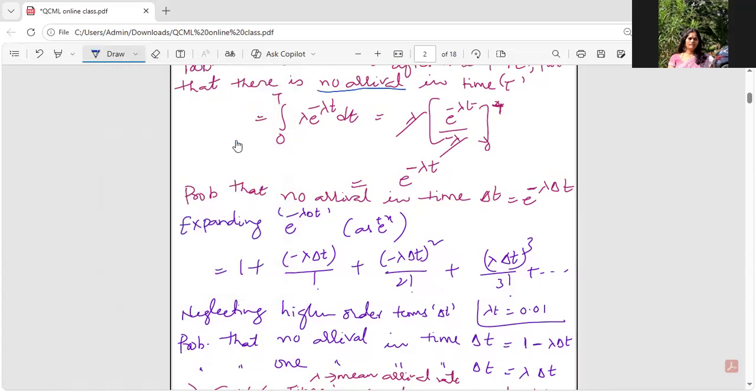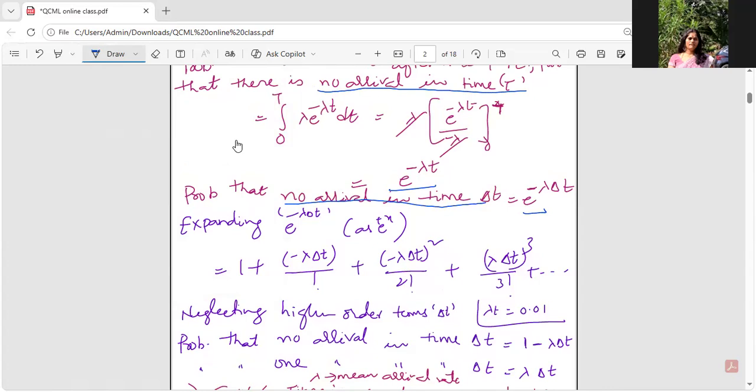No arrival in time t was given by e power minus lambda t, so for no arrival in delta t, instead of t, you have e power minus lambda into delta t.